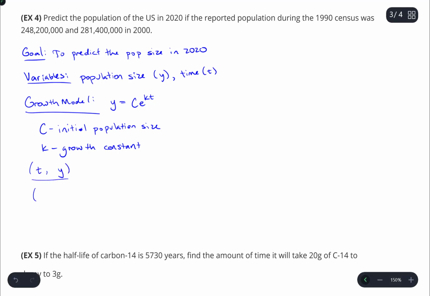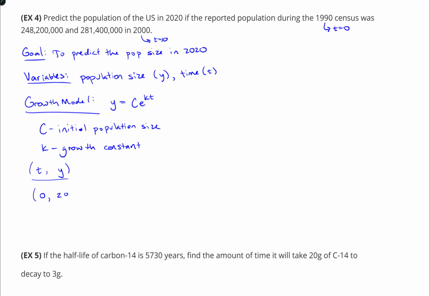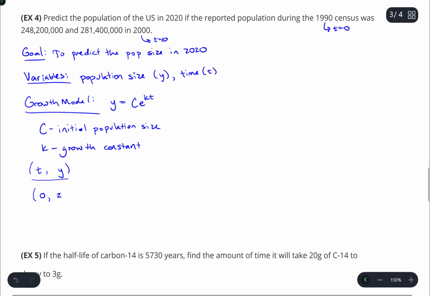Instead of saying time 2000, we can set the starting year to t equals 0. I'm sorry, 1990 should be t equals 0. This would be t equals 10 years later. I'm still not writing all the zeros for the other value, so 248.2. I'm just going to slide the decimal a few places for simplicity.